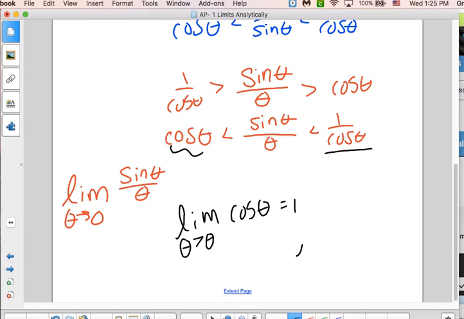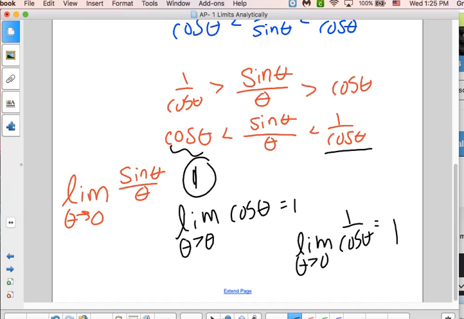Now we look at the right side. What is the limit of 1 over cosine theta as theta approaches 0? 1. So if we know the left side is approaching a 1 at 0, and the right side is approaching a 1 at 0, since this function is in between them, what is that limit also approaching as it goes to 0? 1.